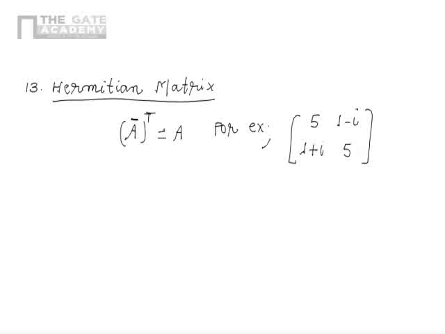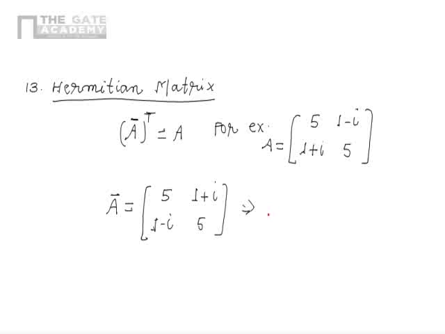Let's say this matrix is A. Now if I calculate the complex conjugate of matrix A, I need to take the complex conjugate of each element. Since 5 is a real number, it will be as it is, and the complex conjugate of 1 minus i will be 1 plus i, the complex conjugate of 1 plus i will be 1 minus i, and 5 will again remain the same.